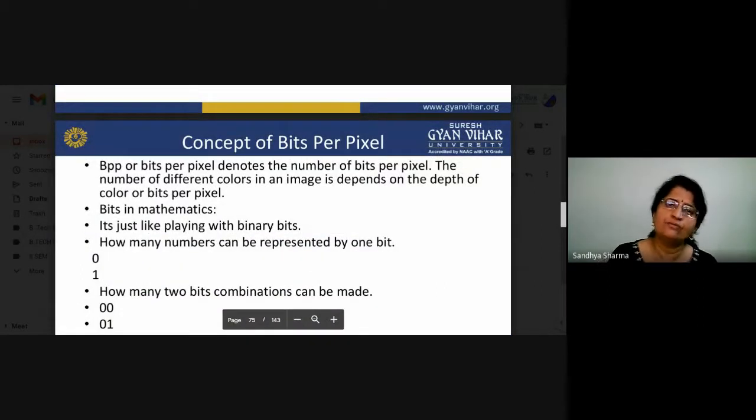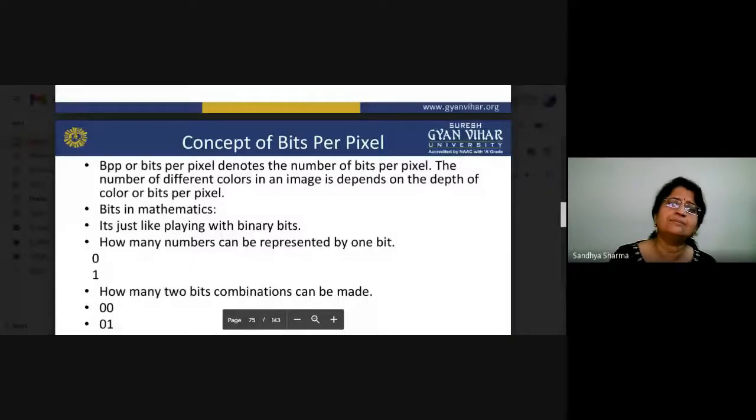Now we have to see the concept of bits per pixel again. What is the role of the number of bits per pixel? That is called BPP, meaning bits per pixel. You have to know the relation between the number of bits and the pixels. BPP denotes the number of bits per pixel.